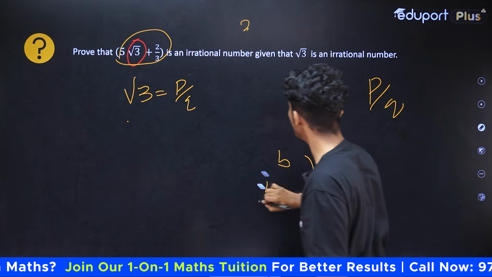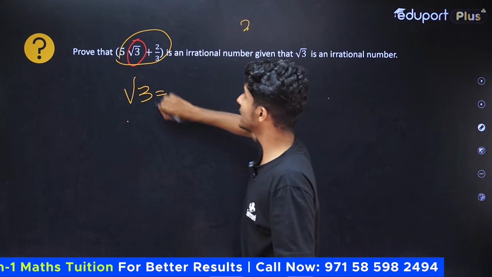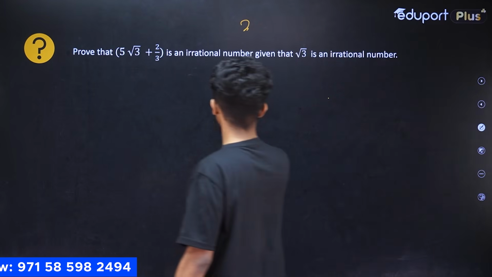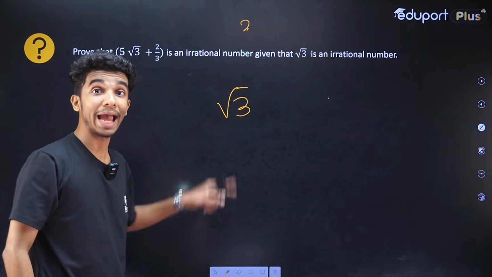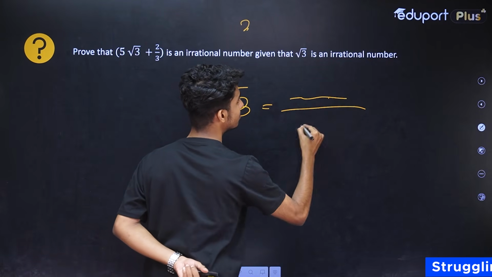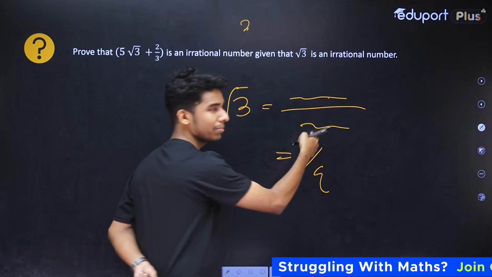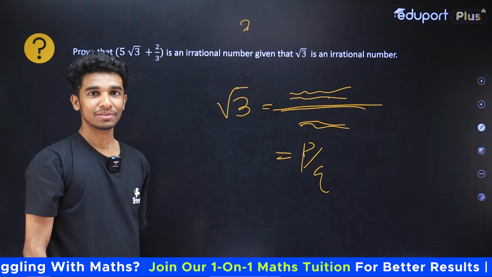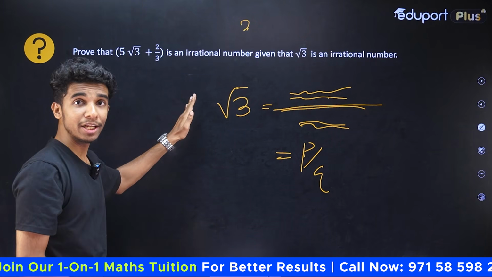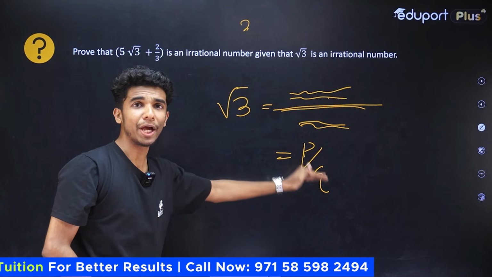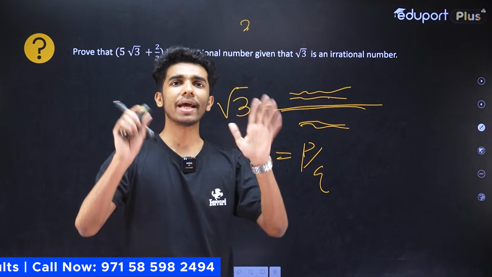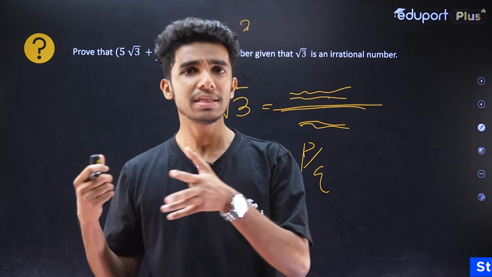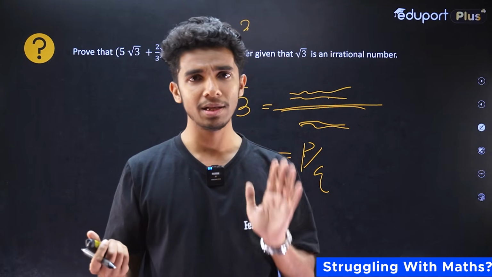Somehow isolate the number, like here we have isolated root 3, and write it in the form of some expression like P by Q. Root 3 is equal to P by Q, and say that it is rational because it is written as P by Q. P by Q is rational, but root 3 is irrational.